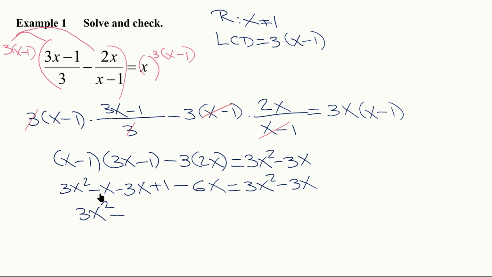So we have negative x, negative 3x, minus 6x. So that's 1, 4, 10. So minus 10x plus 1 equals 3x squared minus 3x, right? Now I notice there's no more simplification possible on the left side and no more simplification possible on the right side.